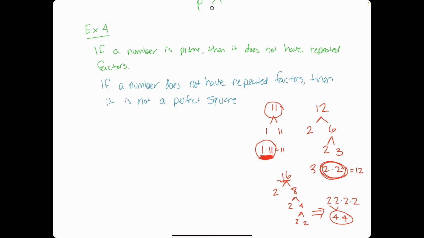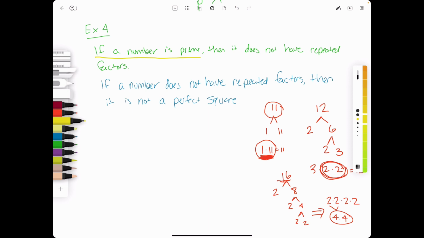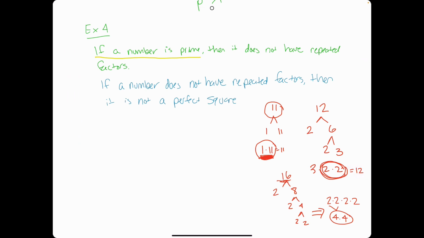So what can I do with these two conditional statements? Let's take a look at this. Here's the first hypothesis: if a number is prime, then it does not have repeated factors. That sounds familiar.